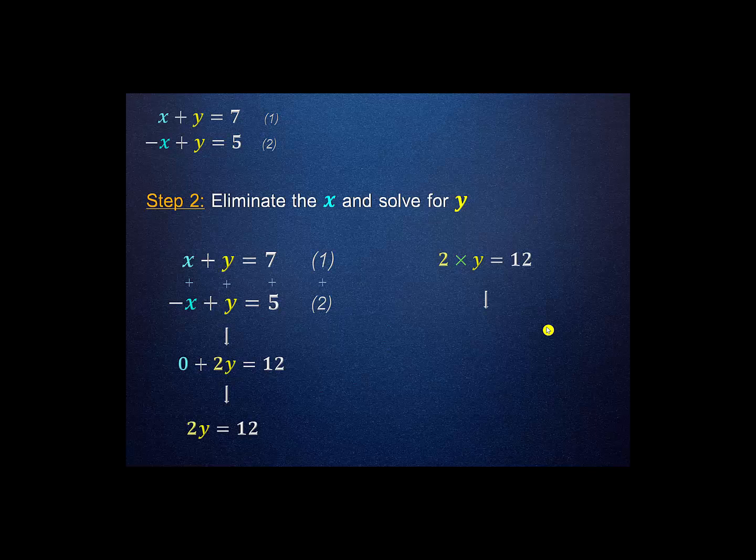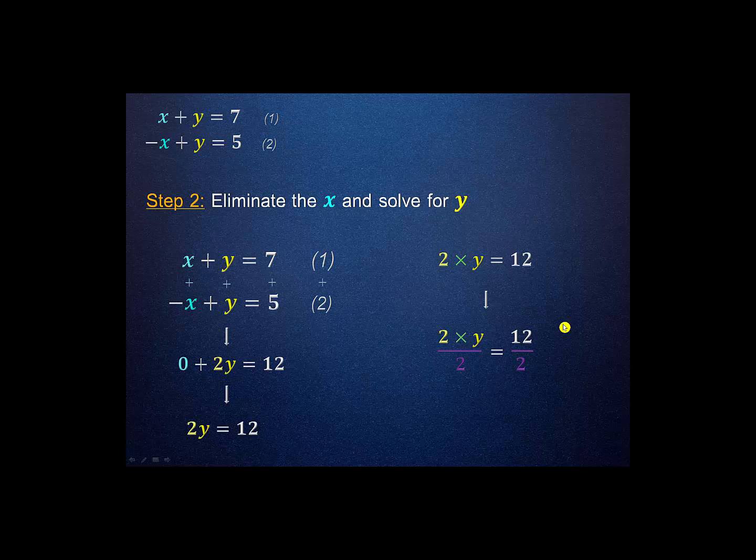This is the same as saying 2 times y equals 12. So to find the y, we need to get rid of this 2 out the front of the y. To do this, we need to divide by 2 on both sides of the equation, always the left hand side and the right hand side.